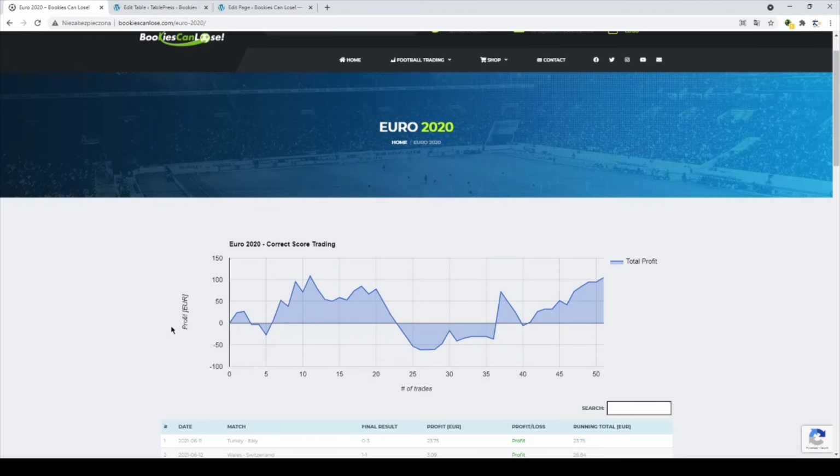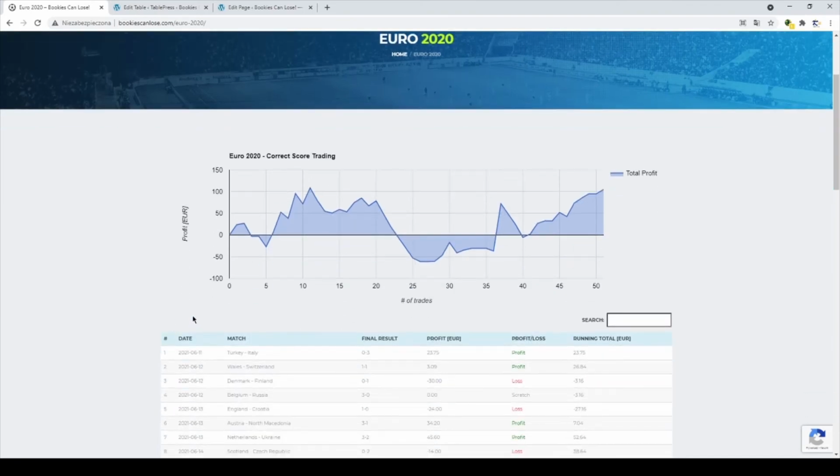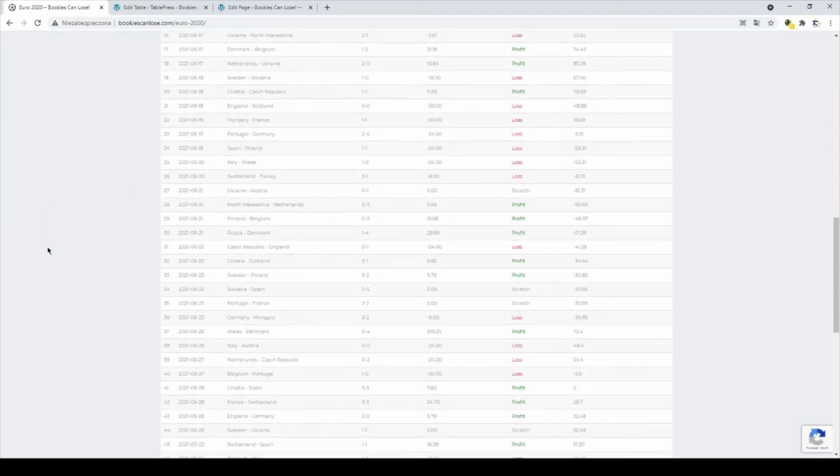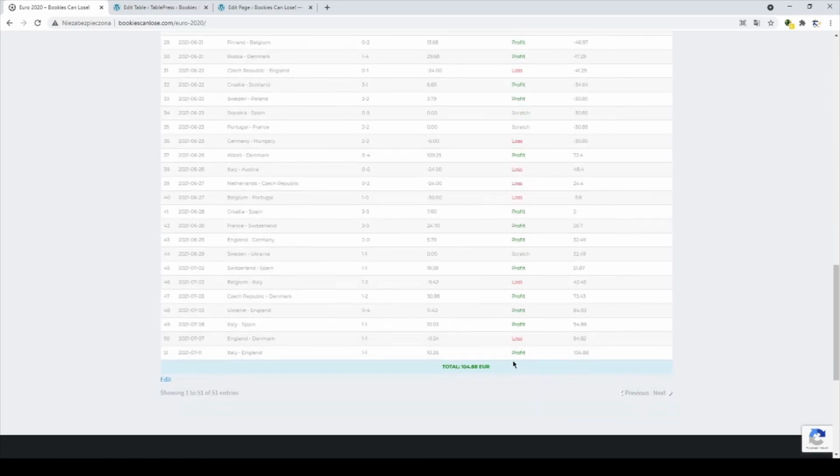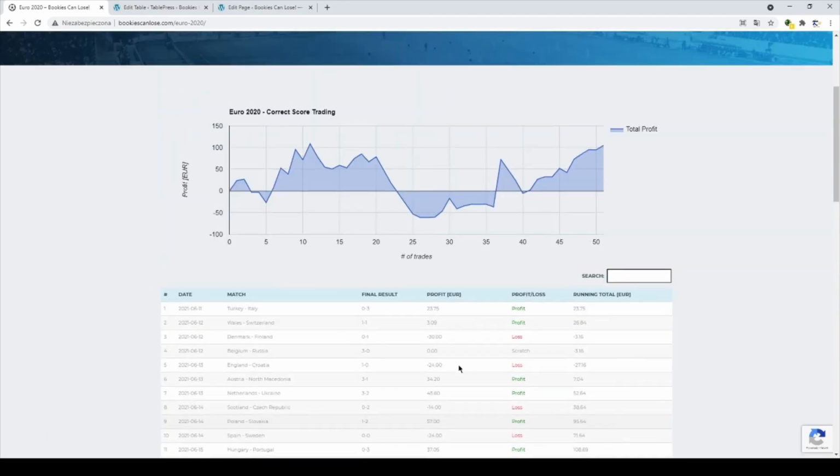I was kind of prepared for that, and I'm very happy that I was able to stay over the line. Between trade number 40 and the last trade 51, the trend is very nice. The tournament is over, so there won't be any continuation.